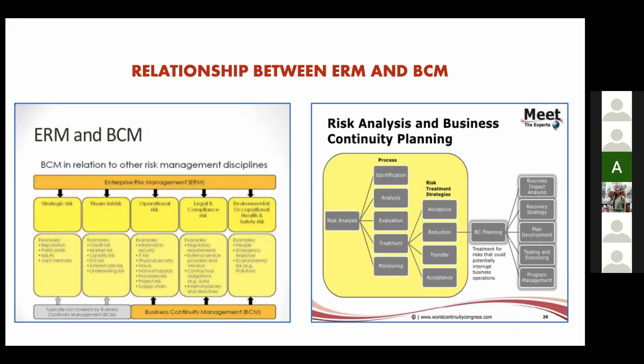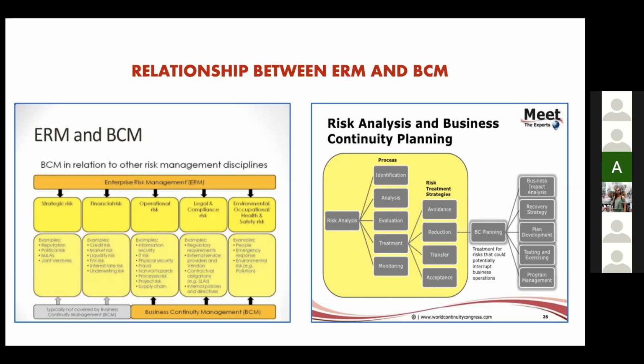We all know that COSO describes the ERM definition, and BCM cannot protect all enterprise risk. BCM can only protect operational risk, legal and compliance risk, and environmental, occupational health and safety risk.